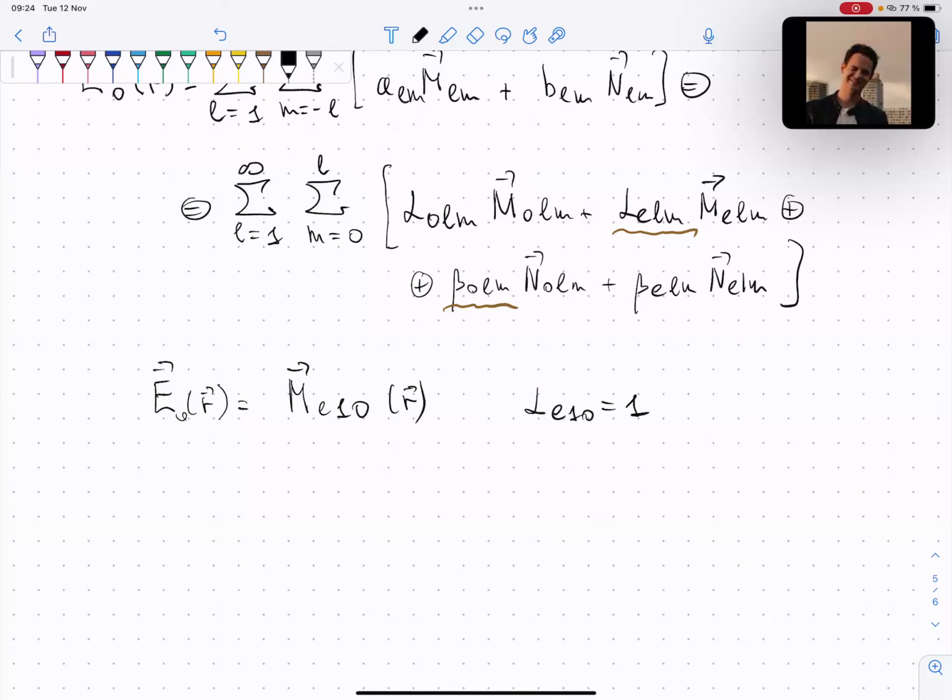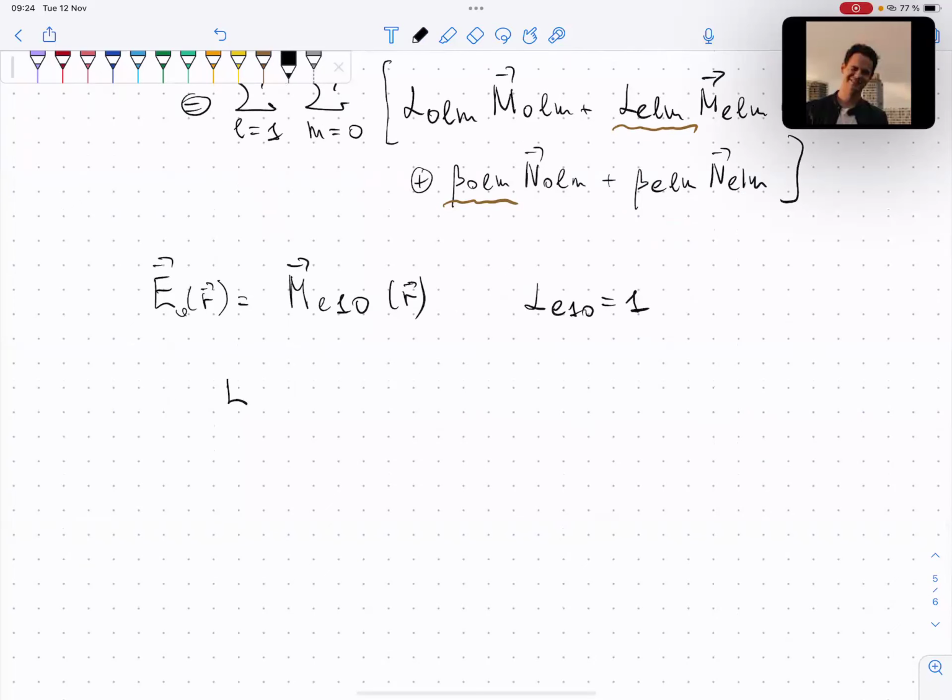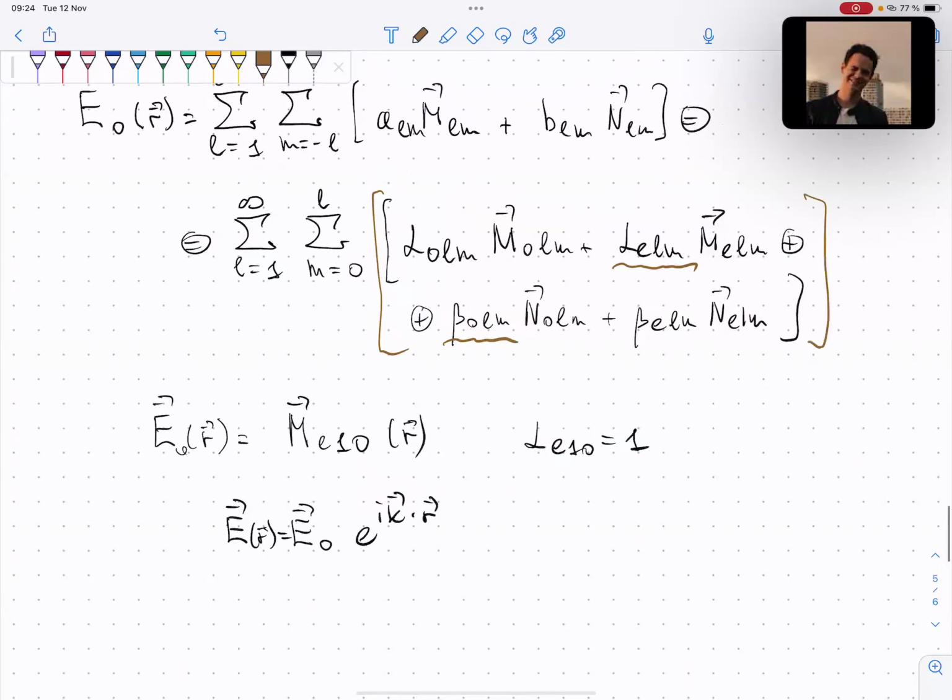For a plane wave with some random polarization and some random propagation direction, I think in the general case you should have all harmonics present in the expansion.